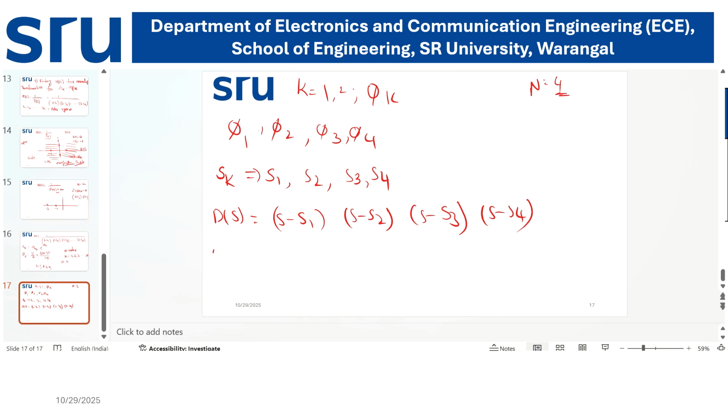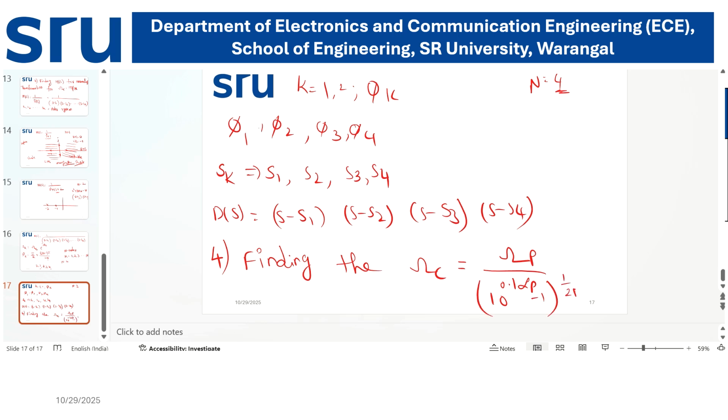Now the next step is finding the cutoff frequency. In the above derivation we have already found the cutoff frequency as omega p by (10 power 0.1 alpha p minus 1) whole power 1 by 2n, or we can use the stopband frequency divided by the stopband attenuation.